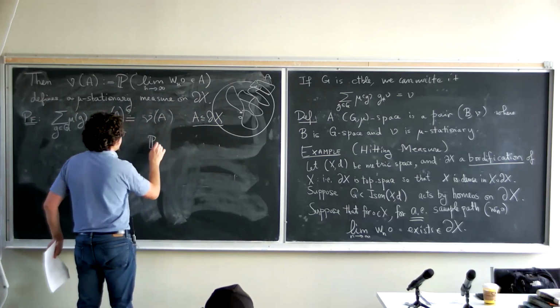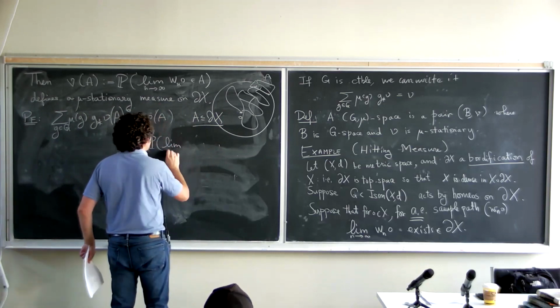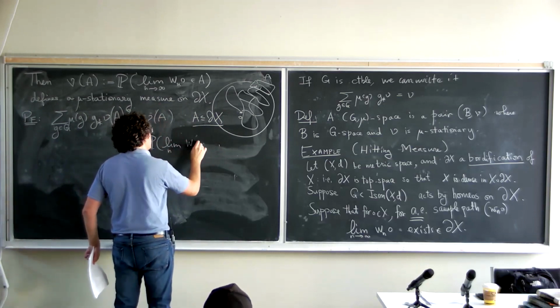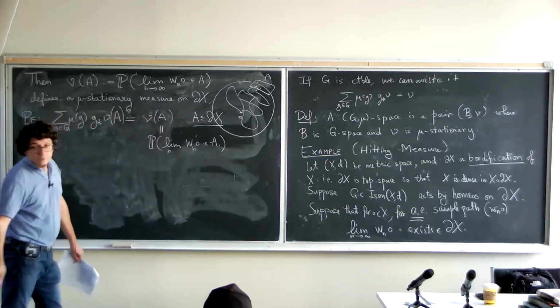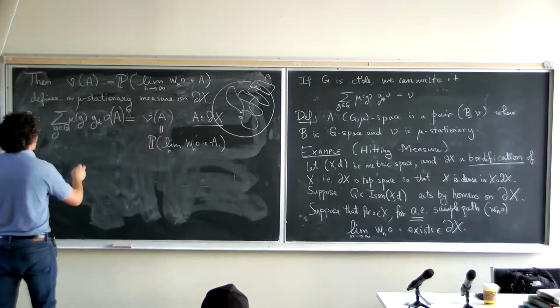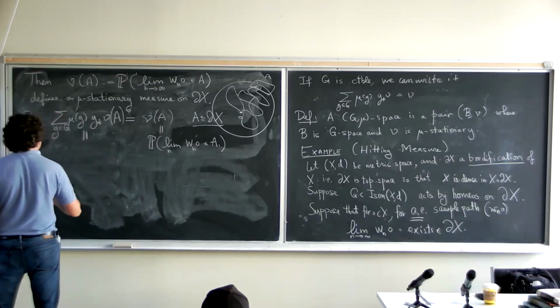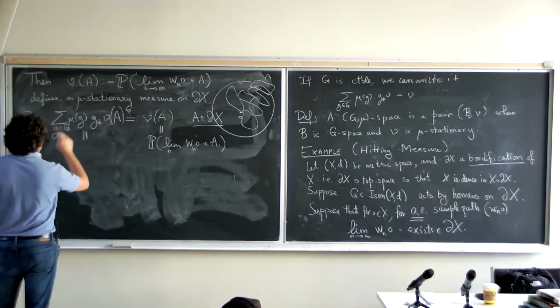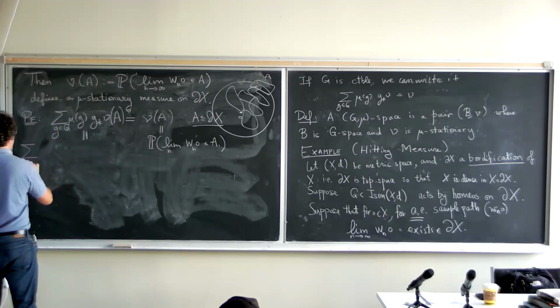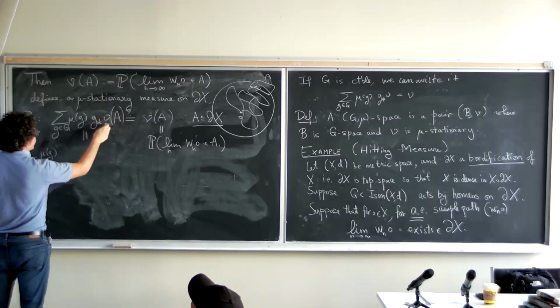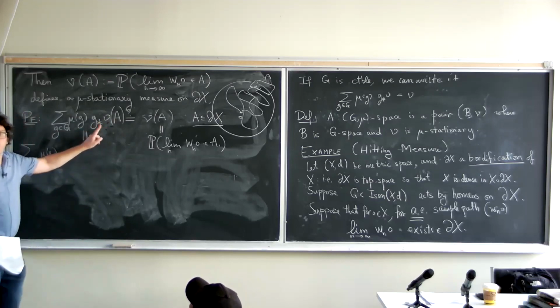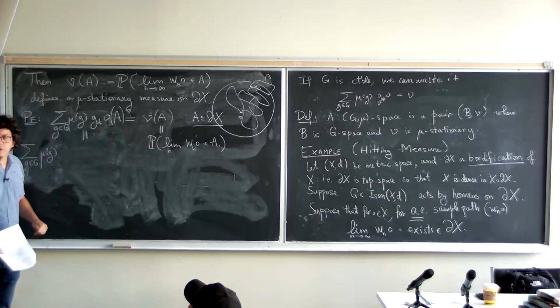So what is this? This is the probability that the limit of W_n O belongs to A. And this is a sum over g in G of mu of g times g star nu, and g star nu is nu of g inverse of A, right?